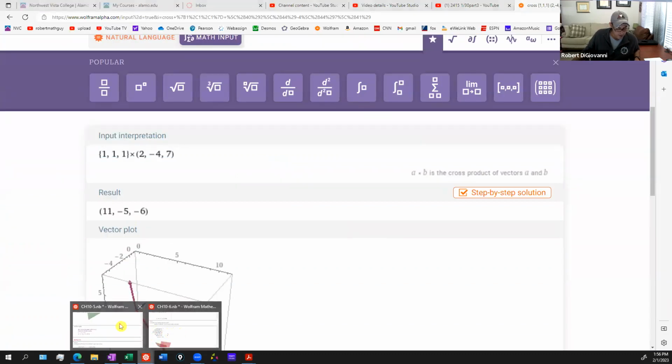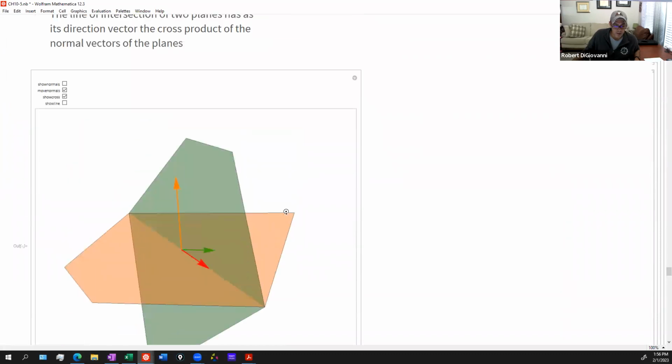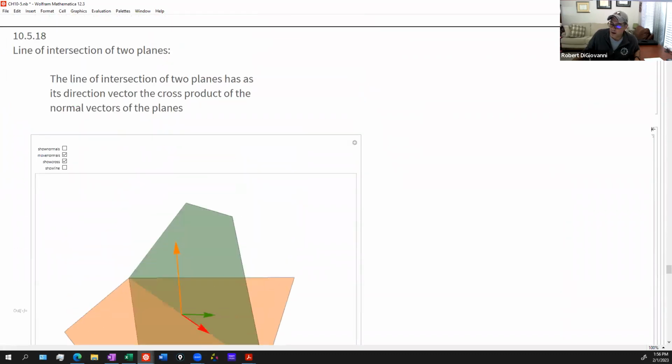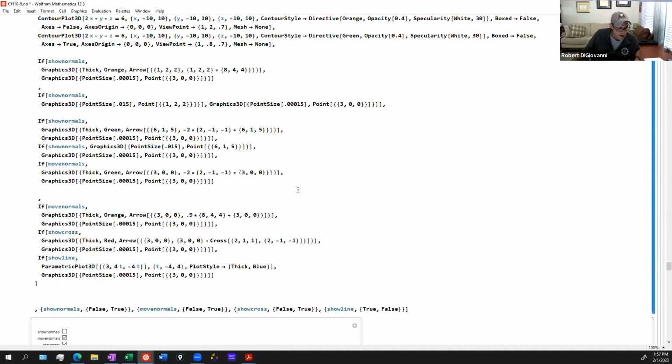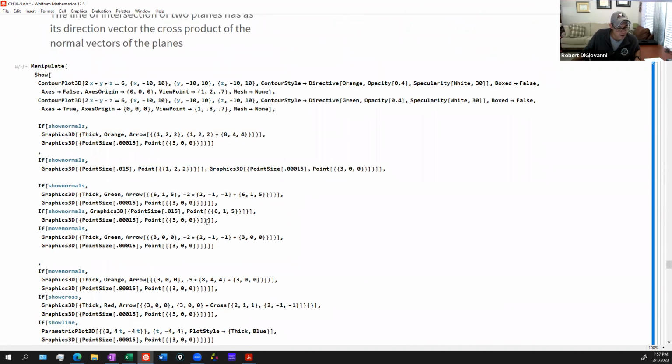Let me go to my notes here. So when I actually wrote the code to make this little animation, right? Let me see here. Somewhere in here, I have that vector equation of that line. Where is it? Oh, I think I used different planes.